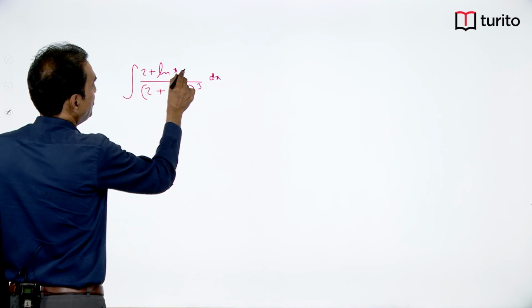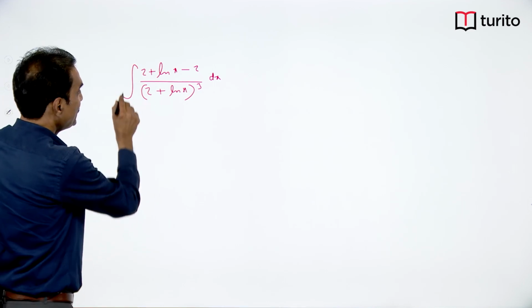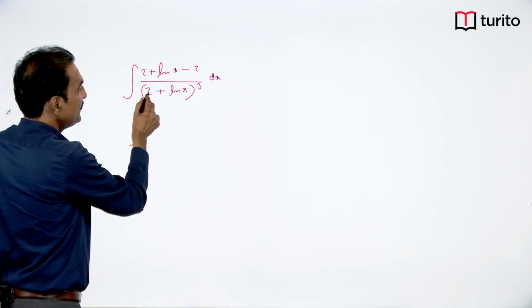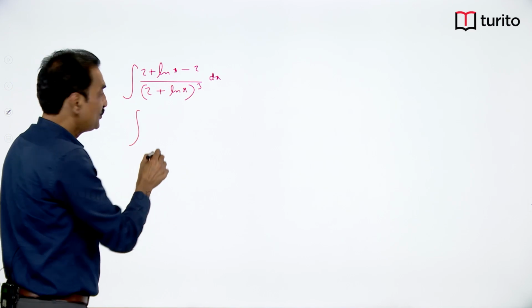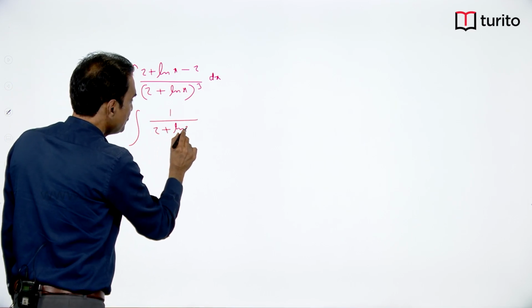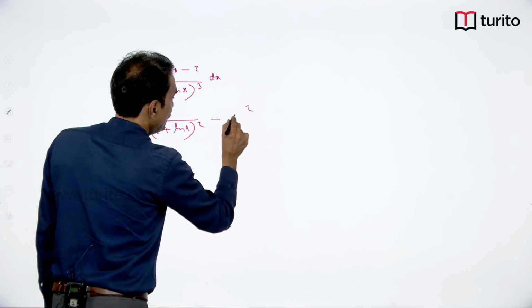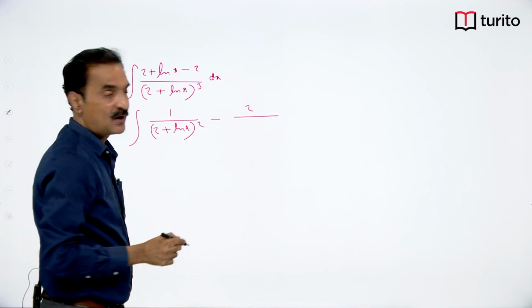You add 2 and subtract 2 in numerator, then you can separate the denominator and write it as 2 plus ln x by 2 plus ln x whole cube is 1 by 2 plus ln x whole square minus 2 by 2 plus ln x whole cube.